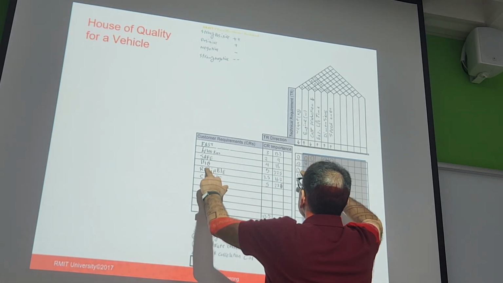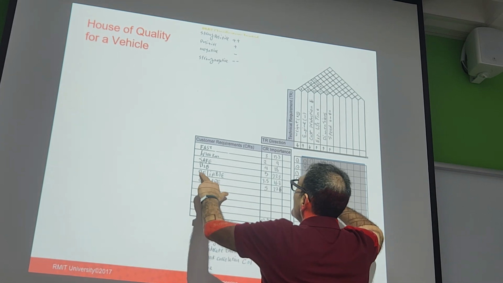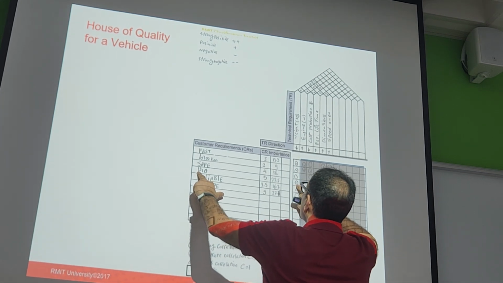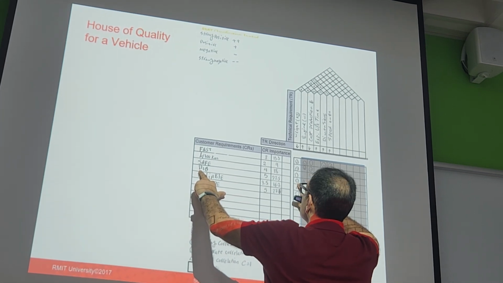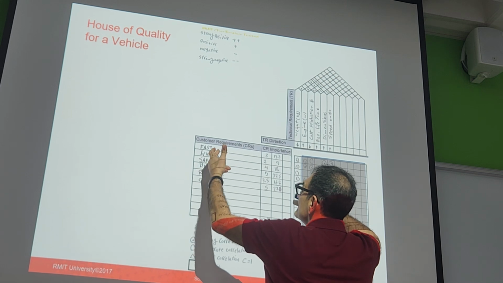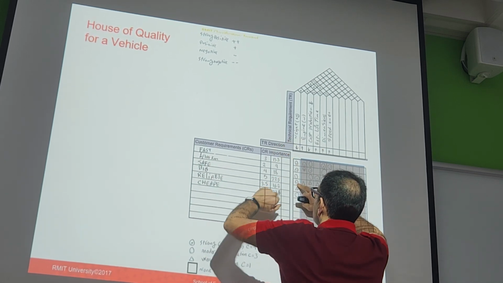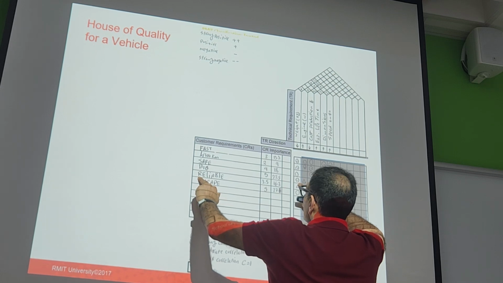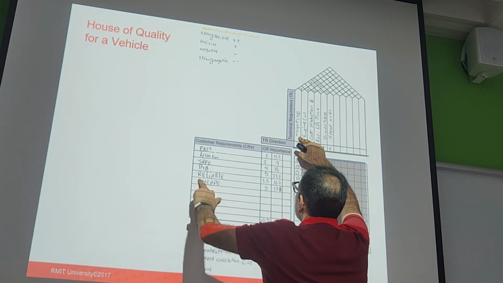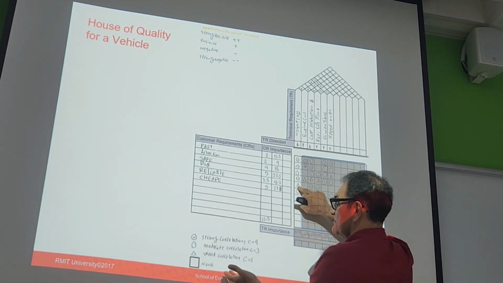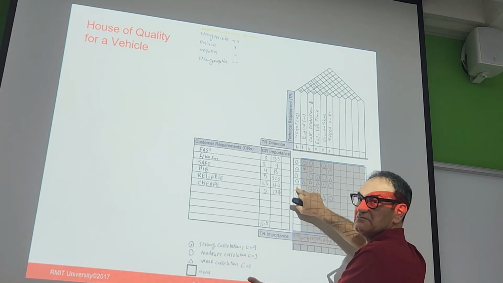What about the weight and big? The correlation is important, and big weight needs a big car. It has a big weight. So what is the correlation between weight and reliability? It's very big.